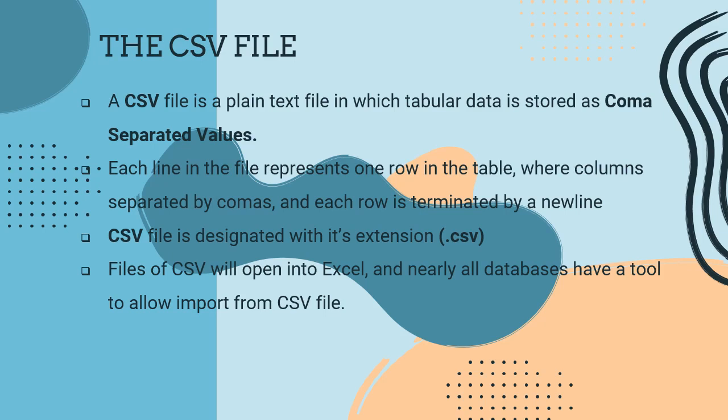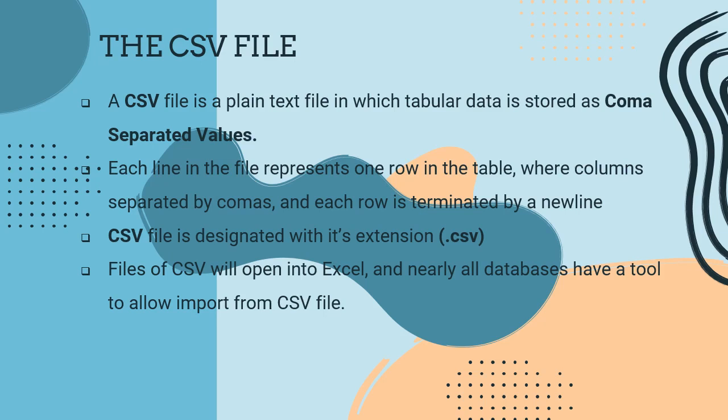Thus the name comma separated values. When we view a CSV file in plain text, each line represents a row in the table, where columns are separated by commas. Each row is terminated by a new line character.